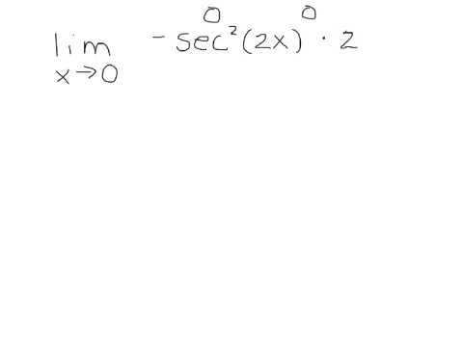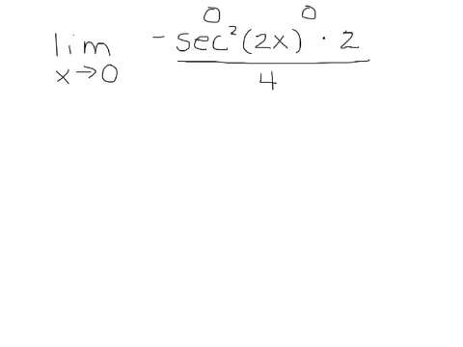So we still have our limit as x approaches 0. And the negative will just stay. That's the constant rule. And the derivative of tangent is secant squared 2x. And applying the chain rule then to that, times 2. Denominator, again, is much easier. We had 4x, so that'll get us a 4.